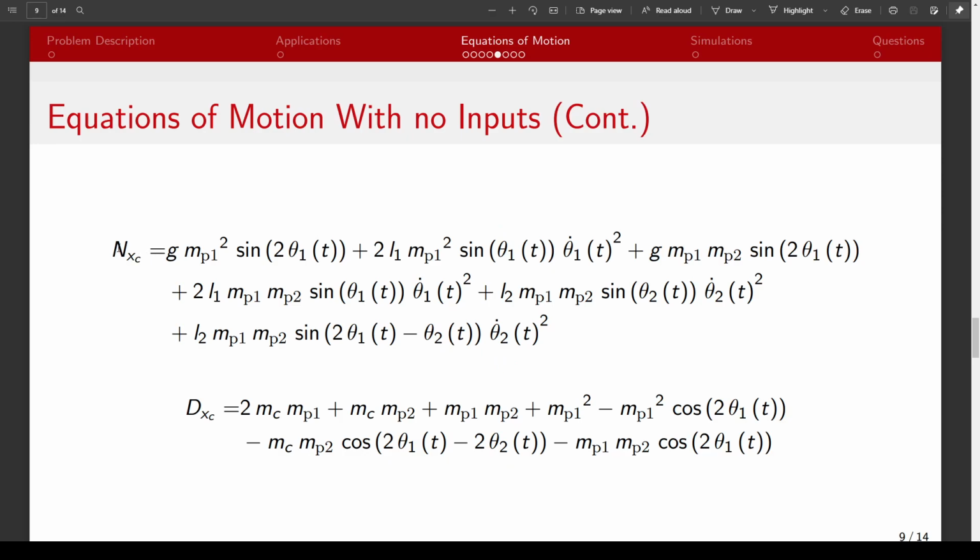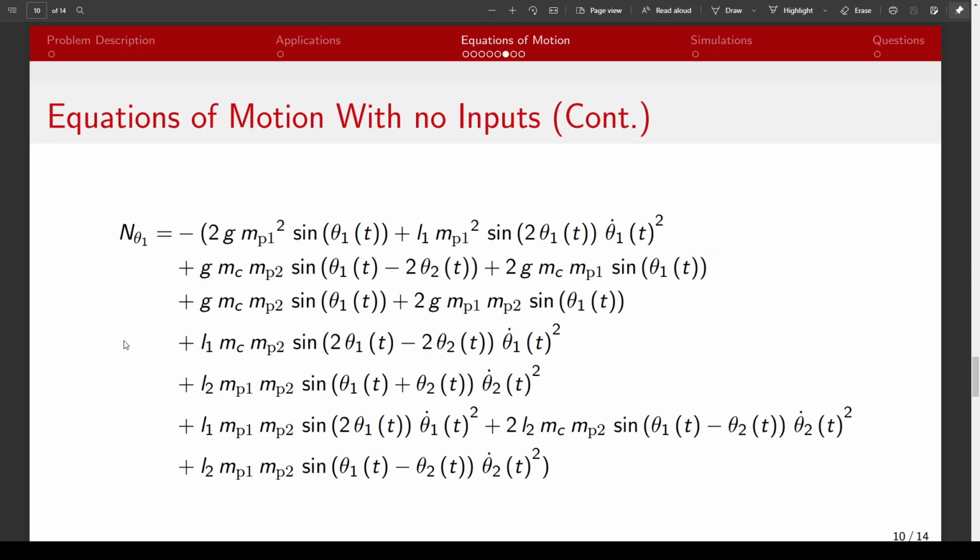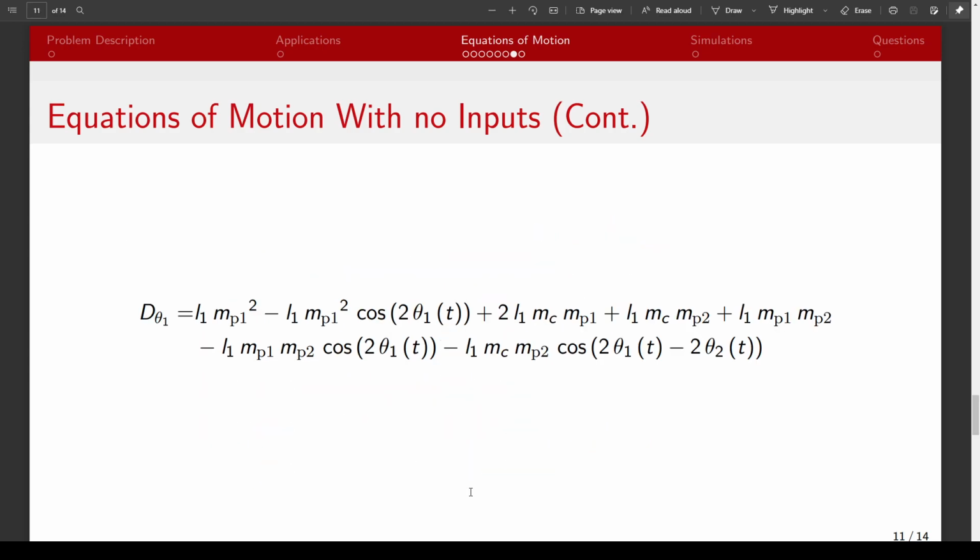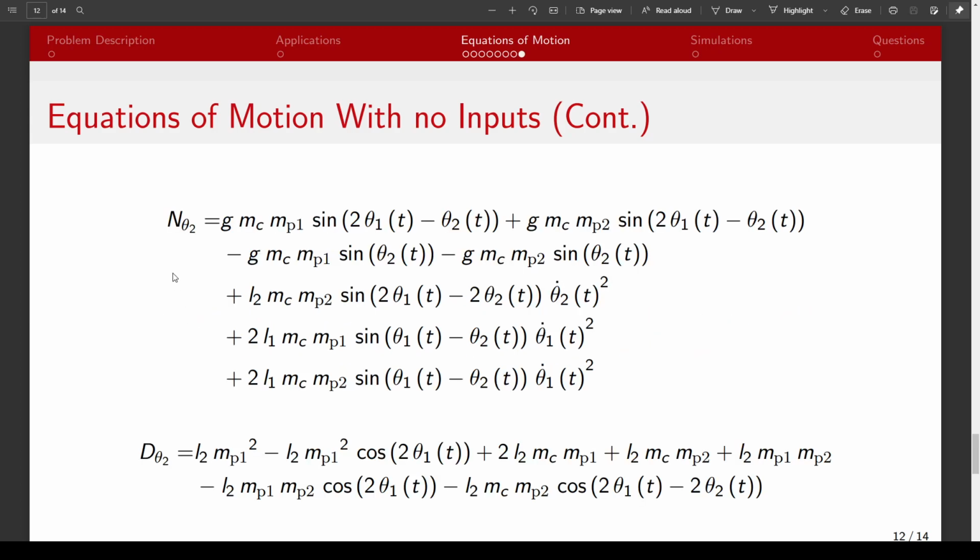So we have the cart numerator and denominator, and the numerator for theta 1, this is the long equation. We couldn't even fit the denominator on the same slide there. And then we have the numerator and denominator for theta 2.